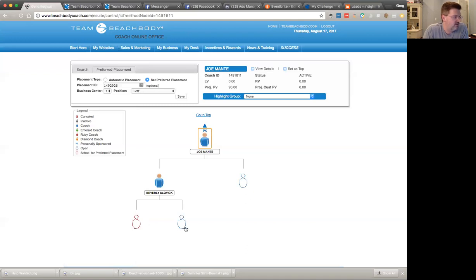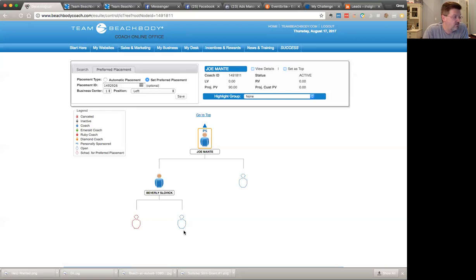Okay, now see this little blue guy on the right side of Beverly? That's her inside leg. So you should never place coaches on another coach's inside leg, right? Because that only benefits Beverly, and it's not going to benefit all the other coaches that are down your strong leg.